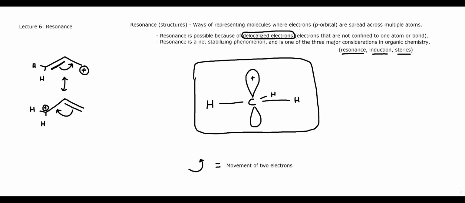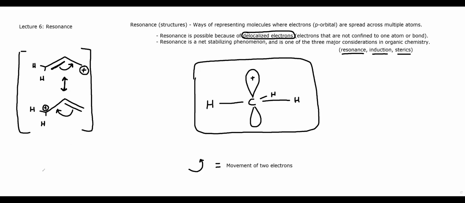By doing so, they create an empty p orbital where they left, and they can go back, right? So they can go back and forth. So this is what we would consider to be resonance structures. Sometimes you'll see them in brackets with arrows drawn between them like this, indicating that the structures are going back and forth.